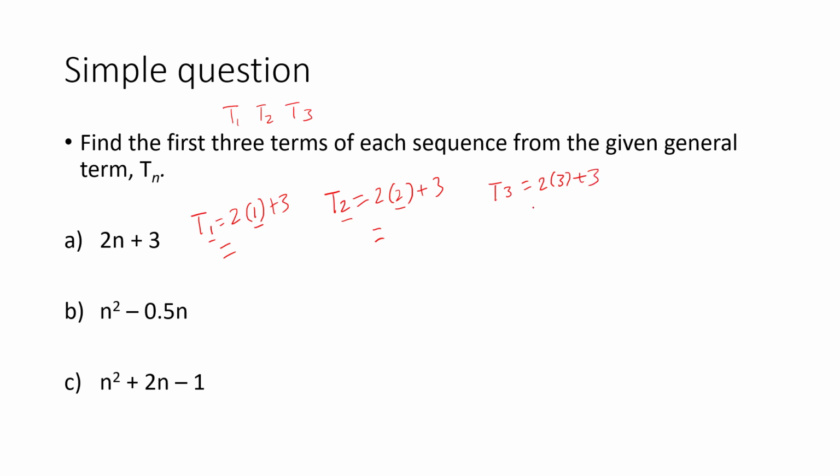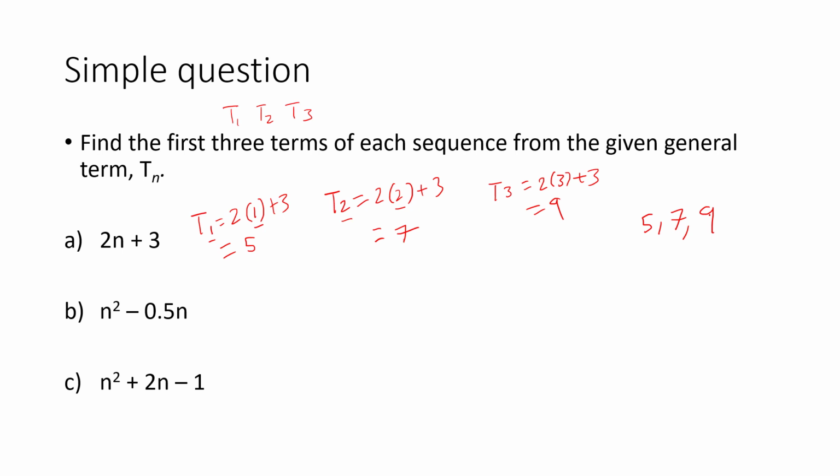Plus 3 will be equals to something. So 2 times 1 equals 2, and this one will give me 5, 7, and 9.